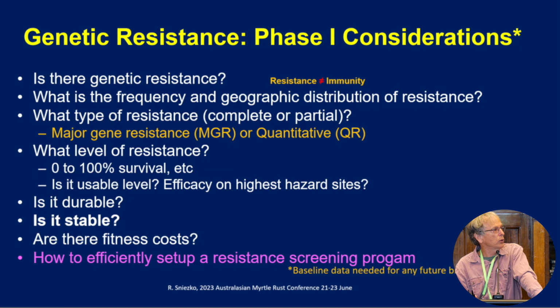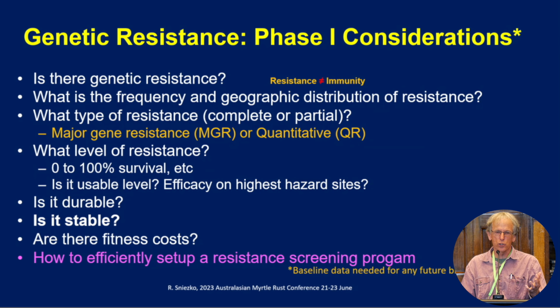Is it durable? Your pathogen or insect has a capacity to evolve. A long time ago, I think it was Johnson that coined the term durable resistance: you take a cultivar, you plant it out over many hectares, many years, in an environment conducive to the pathogen, and it's durable until it's no longer durable. If you think about that, they really didn't have an understanding of what makes for durable resistance.